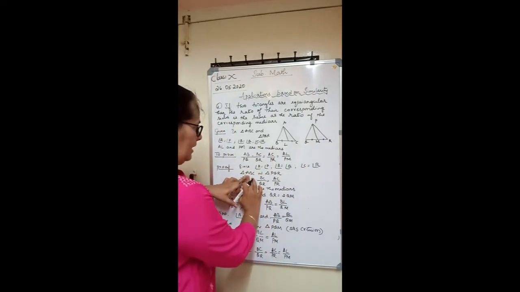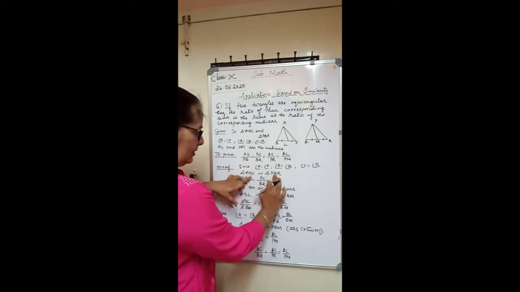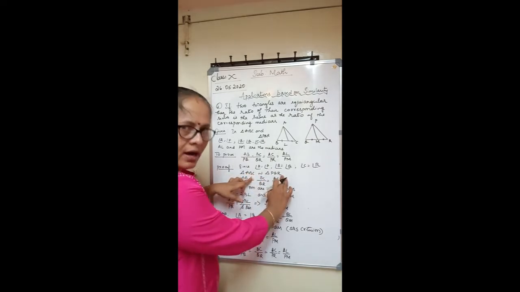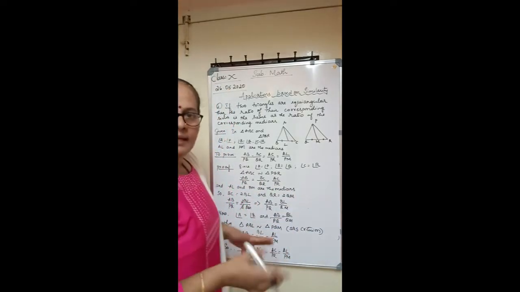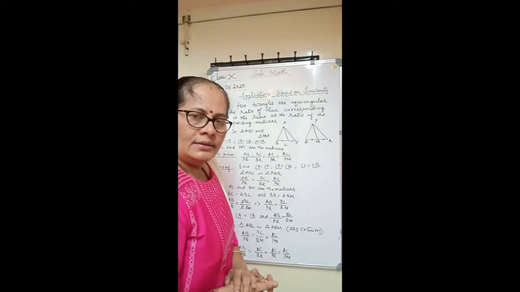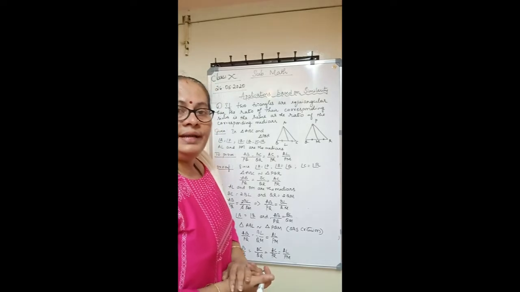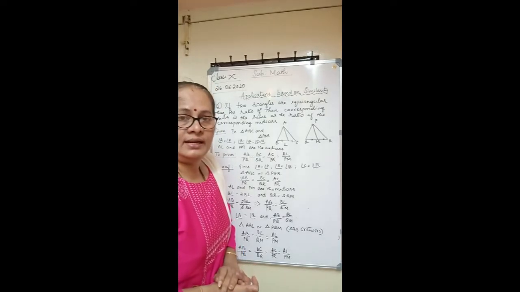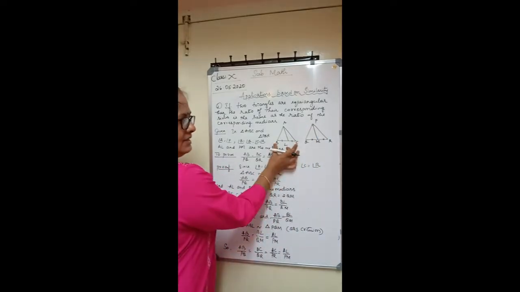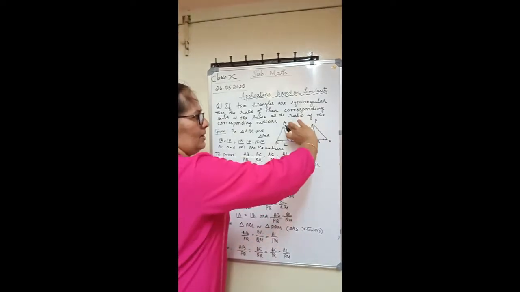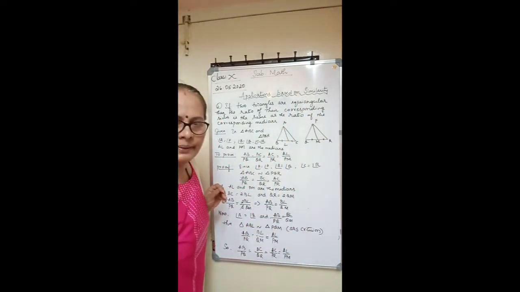Angle A is equal to P, angle B equals Q, angle C equals R. When the two triangles are similar, then their corresponding sides are proportional. So AB by PQ is equal to BC by QR equals AC by PR.